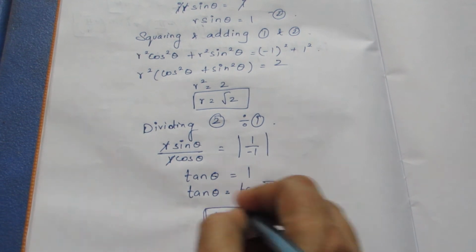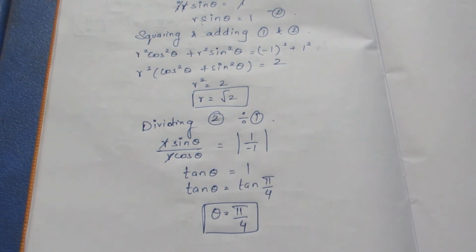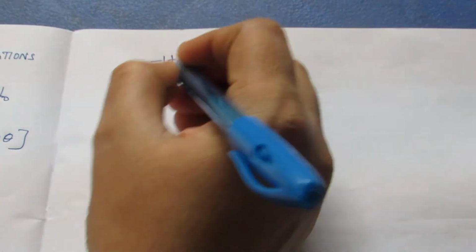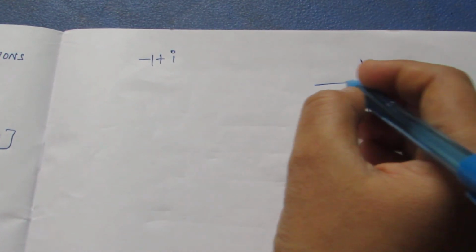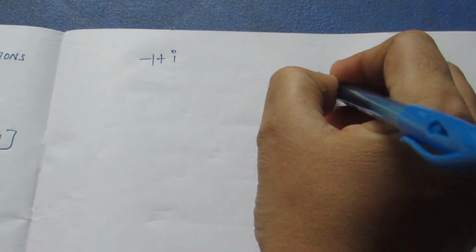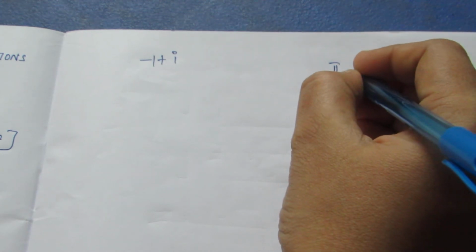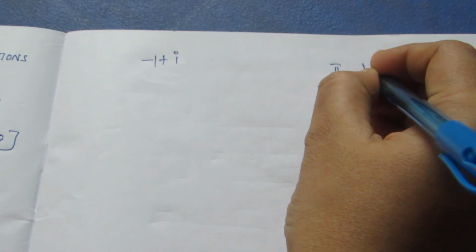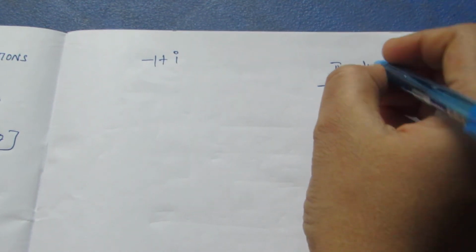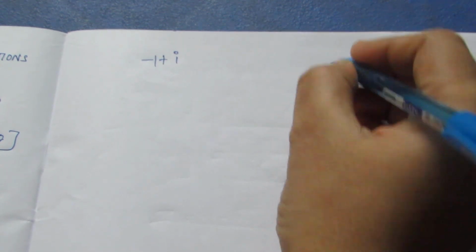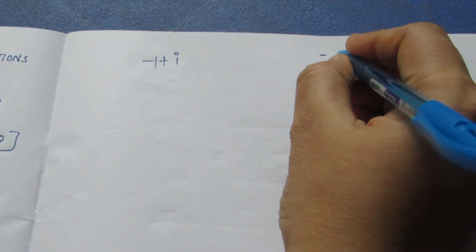Now we have found the theta value, we need to find the argument of the complex number z. For that we need to see the question. In the question it's given to be -1 plus i. So in -1 plus i, it is in the second quadrant, because here the x-axis is minus and the y-axis is plus.